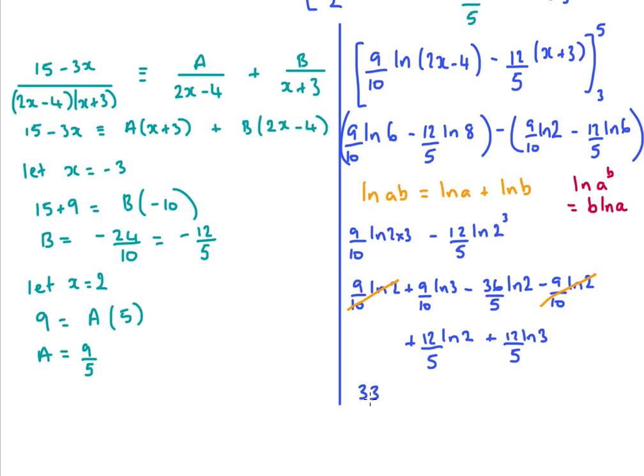So we've got 33/10 for the natural log of 3, and for the natural log 2s I've got negative 36/5 and a plus from this one 12/5, which is negative 24/5, which I didn't really need my calculator for, natural log 2.